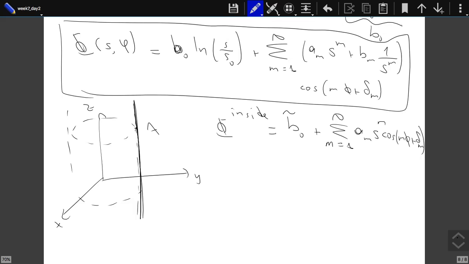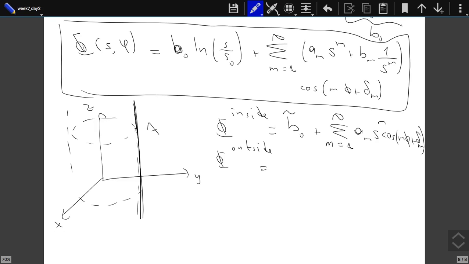Now there is the potential outside. Well, the potential outside need not go to 0 at infinity. That's kind of the problematic part.